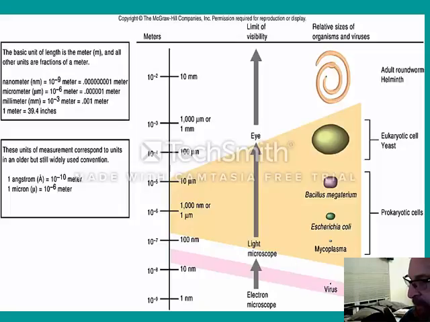Whereas if you're really looking at the microbes, something very large might be a yeast cell, and something very small might be something called mycoplasma. And those are all things that can be seen with a light microscope. And that's where the majority of microbiology started.